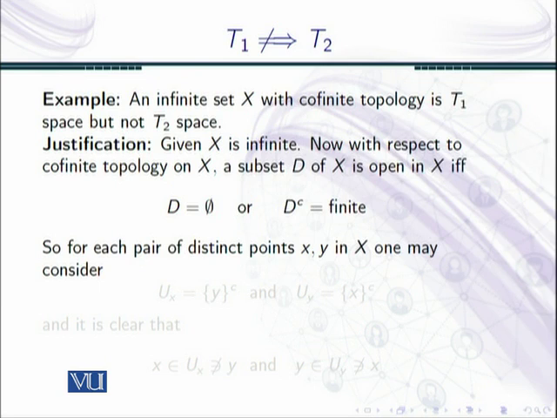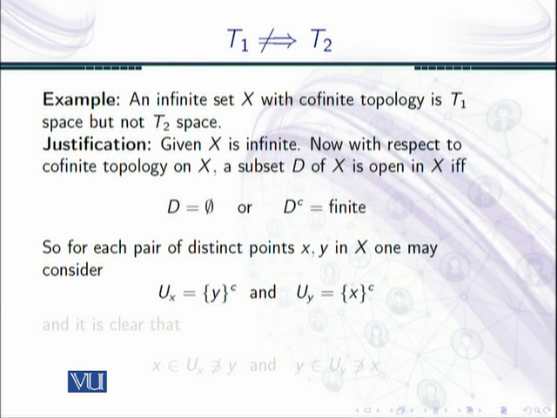So for each pair of distinct points x, y in X, one may consider Ux as the complement of y. आपके पास y और x दो डिस्टिंक्ट पॉइंट्स हैं और आप Ux के लिए जो ओपन सेट चूज करते हैं दैट इज द कॉम्प्लीमेंट ऑफ द सिंगलटन y और Uy is equal to the complement of the singleton set x.